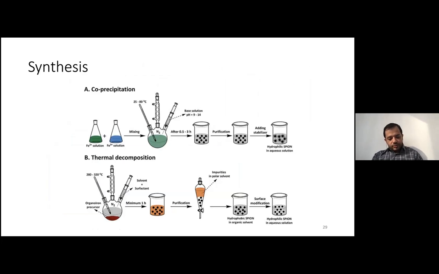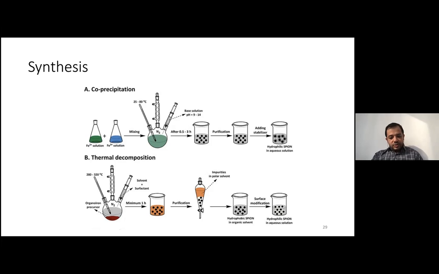With co-precipitation, you add Fe2+ ion and Fe3+ ion, mix them together at high temperature and the right pH, usually between 9 to 14. And the particles precipitate at the bottom of the container, simply put.